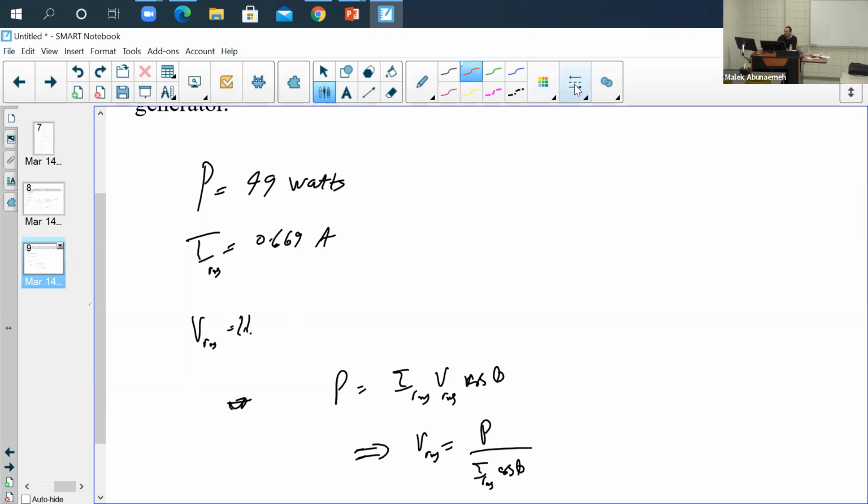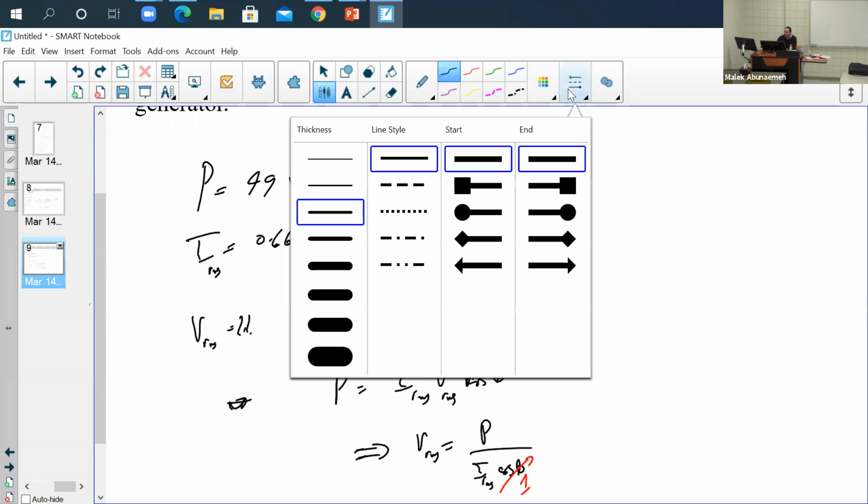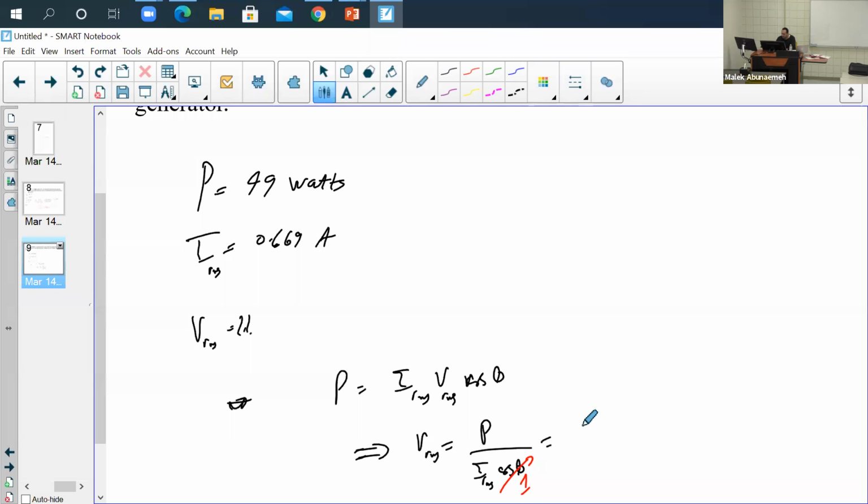So we're gonna go ahead and say the cosine between them is 1. So basically what you're gonna have is your power over your root mean square current, which is gonna be your 49 divided by your 0.669. So that should equal to 73.2 volts.